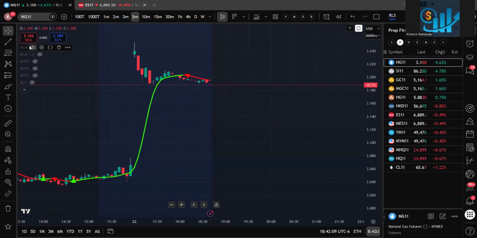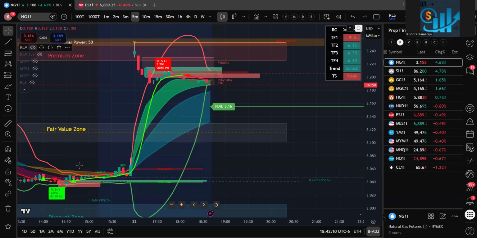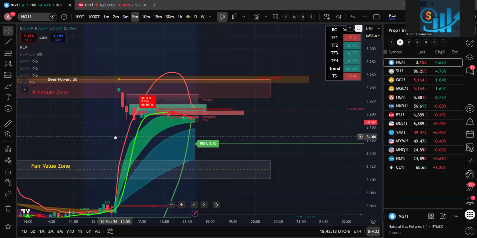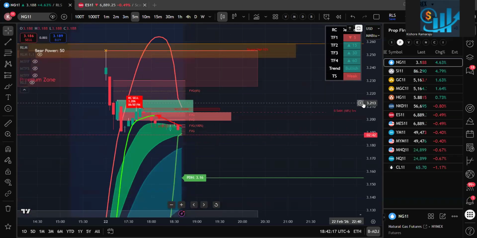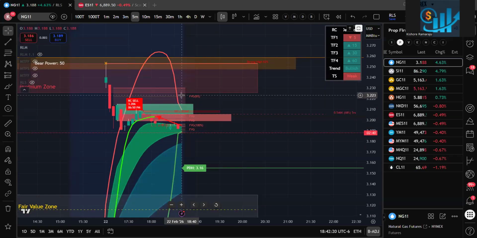Whereas with RLM, you will have more opportunities compared to RLM 1.1. So now if I get a buy signal, that's a good opportunity to go long again on natural gas.